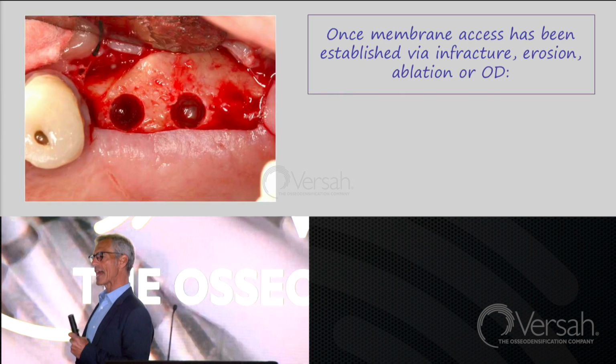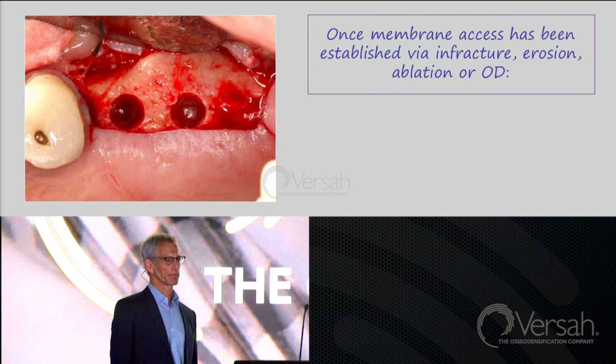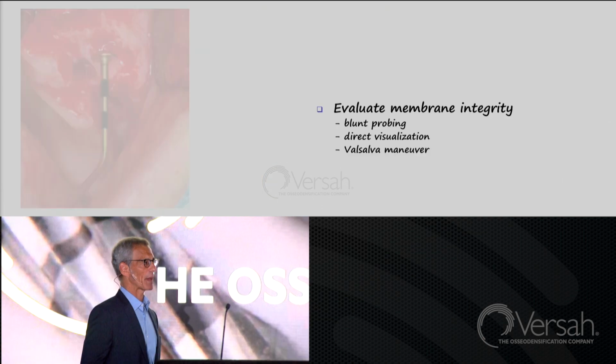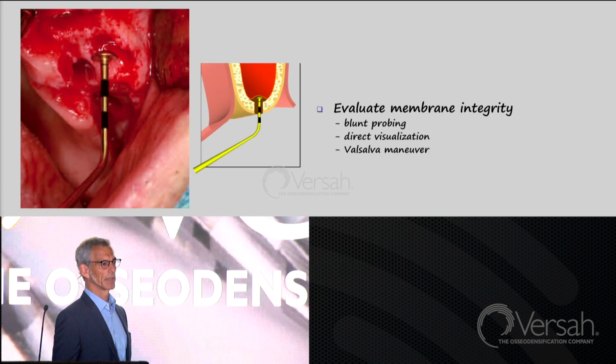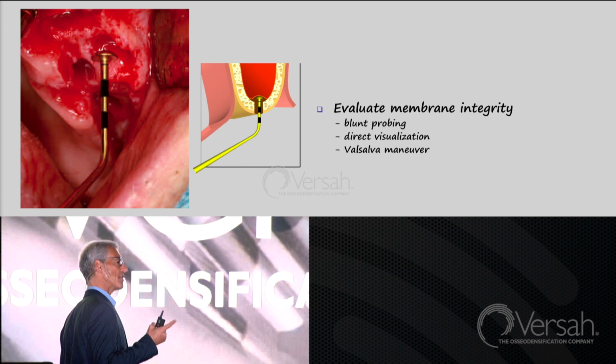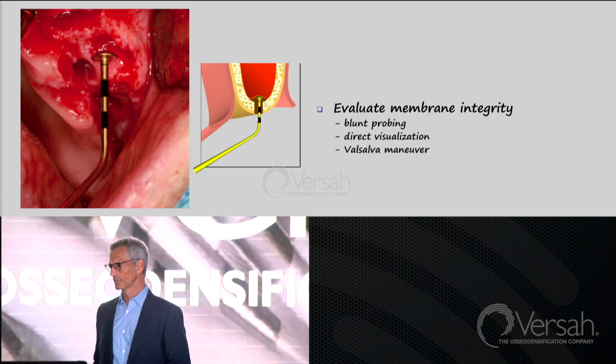So once your membrane access has been established, you need to verify membrane integrity. Direct inspection, Valsalva, and blunt probing. And you still have no guarantee that your membrane is intact.